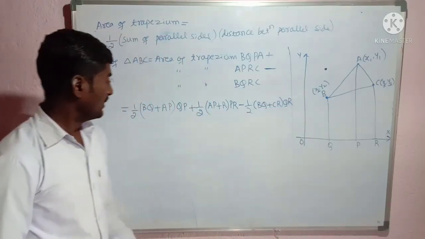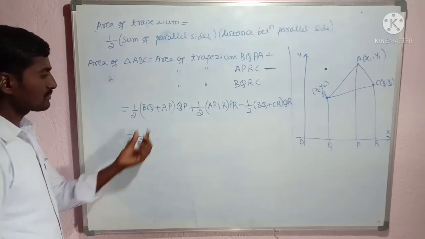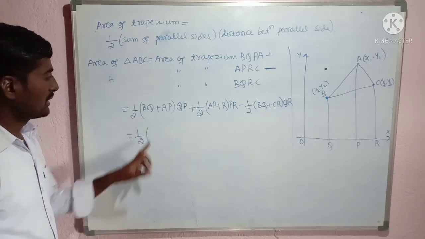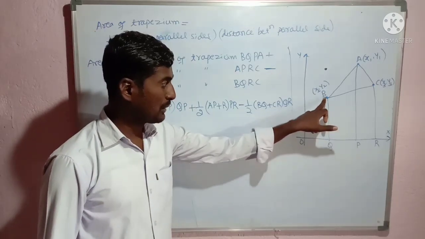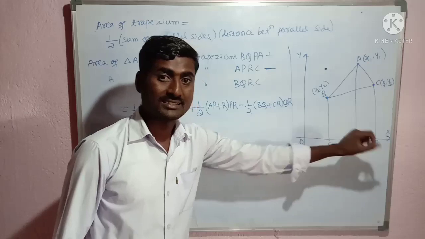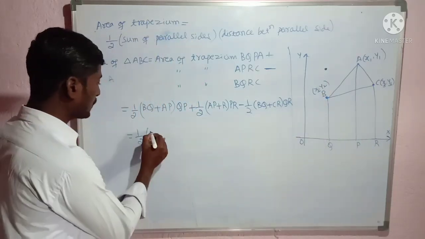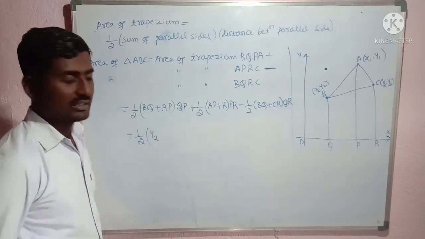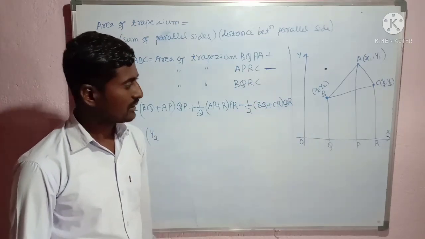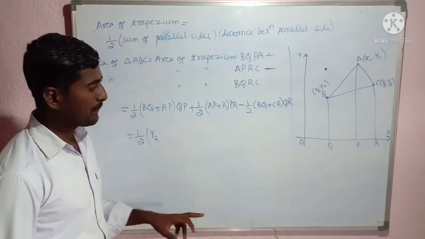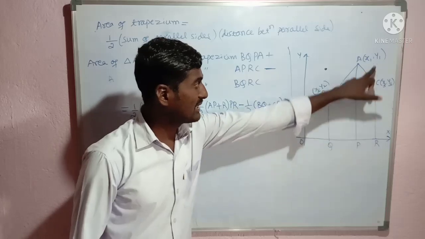Okay. Now again that is equals to 1 by 2 into BQ value is what? BQ is the distance of point B from x-axis. That I can say as what? Y coordinate. That is Y2. Can I write? So Y coordinate and X coordinate, initially we wrote that. Now AP plus, AP is the distance of point A from x-axis, that is again Y coordinate.